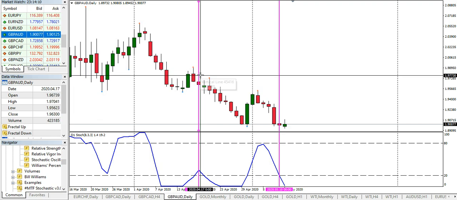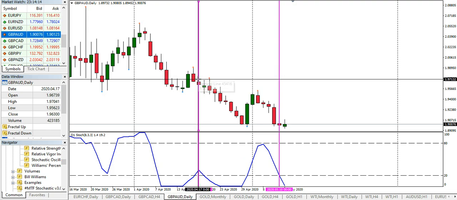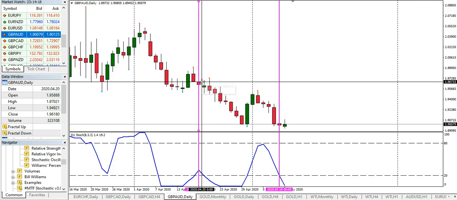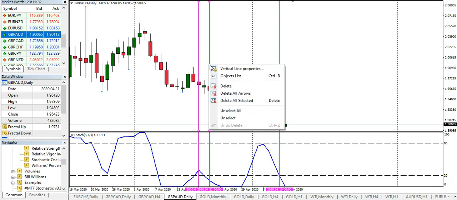Now, when we get the direction from the weekly time frame and we go to the daily time frame, we want the stochastic oscillator to be in the buy zone. The stochastic oscillator entered into the buy zone from about here, so I'm going to mark this blue.